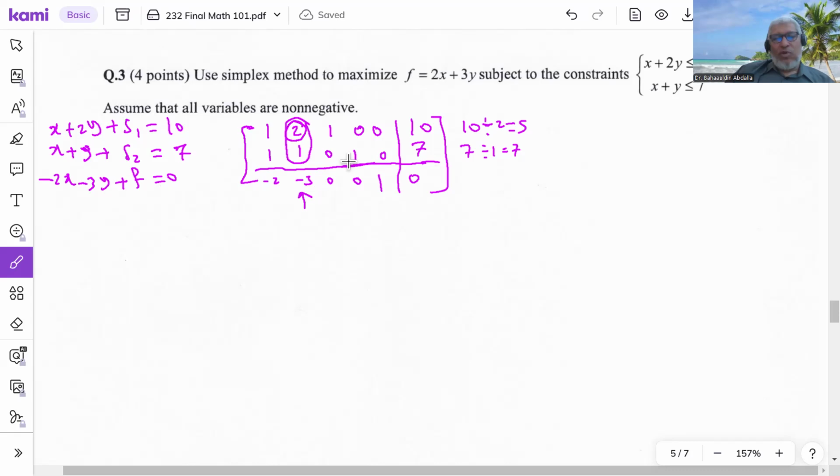What should we do with 2? We have to change it to 1. So we need to divide R1 by 2. So I'll have half, 1, half, 0, 0, and 5. And here these rows without any change.